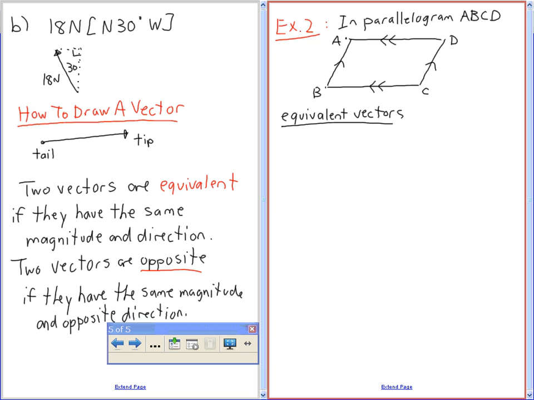Remember, in any parallelogram, AB and CD are going to be the same length, and they're going to have the same slope. I'm going to give you a second to scribble that down. I'll take a drink of coffee, and then I'll ask you to give me one set of things that are equivalent.